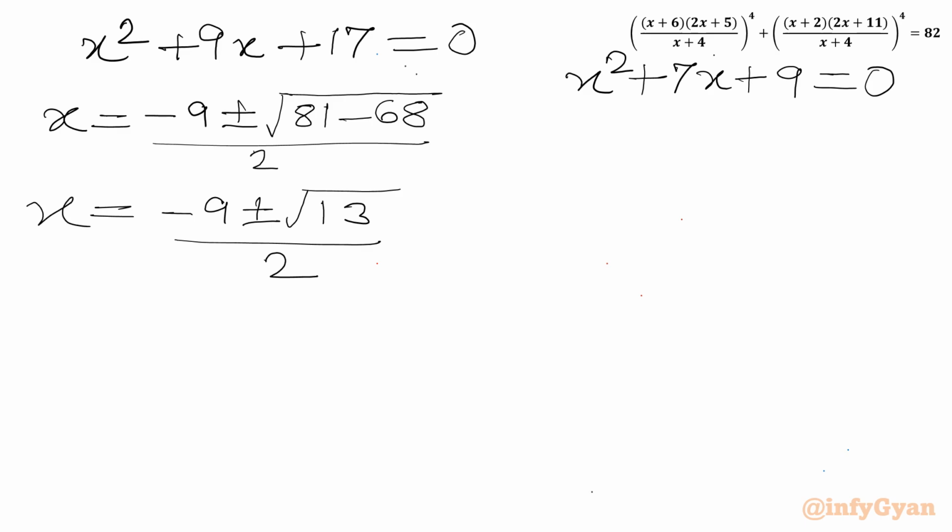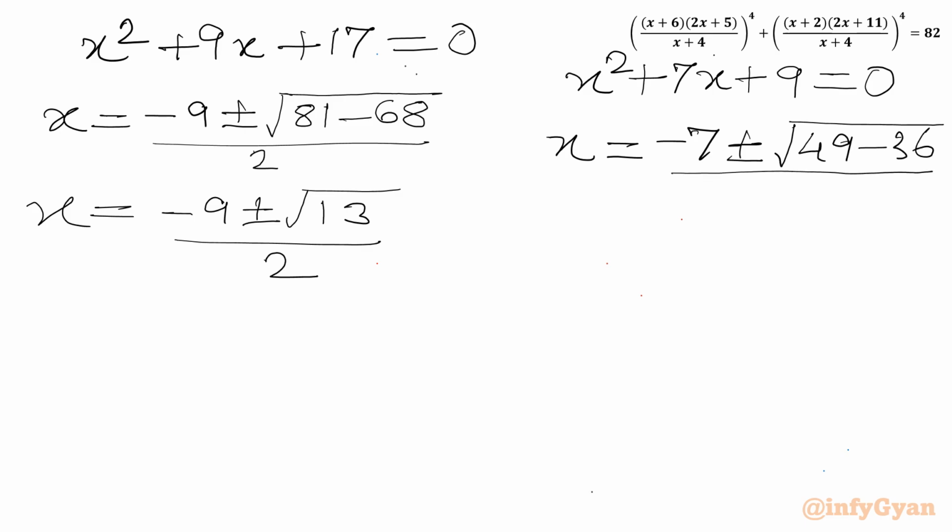From this equation, I will collect x is equal to minus 7 plus minus square root of b square, so 7 square 49, minus 4 times 1 times 9, so 36, over 2 times 1, 2.